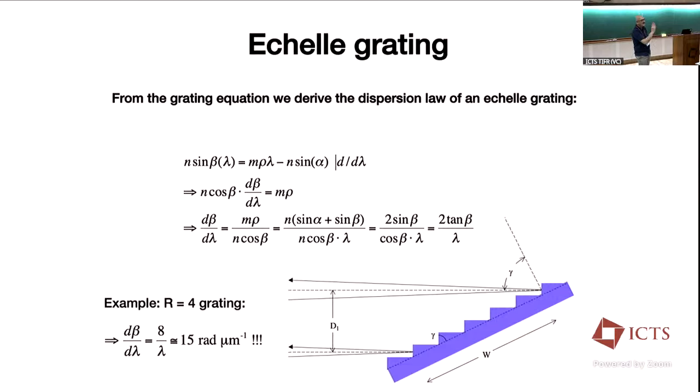Maybe we should look at a specific case. If you have individual emission lines, then I'm sure you can. But for broadband absorption spectra, I'm not sure. You can discuss.